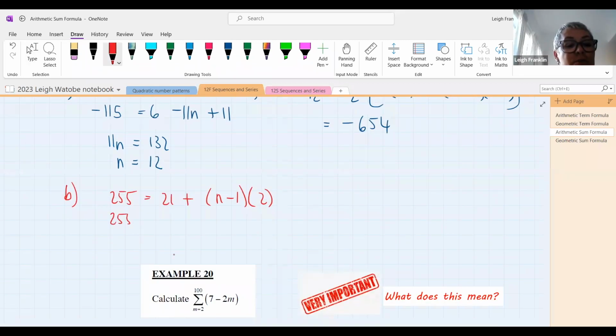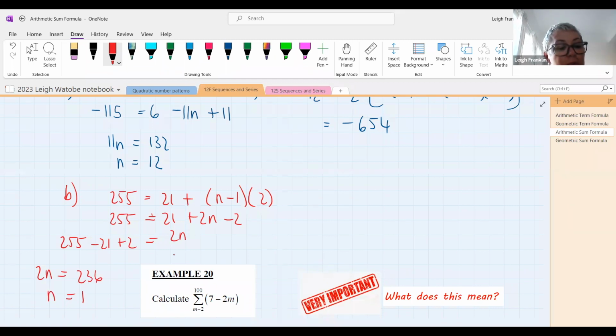So 255 is equal to 21 plus 2n minus 2. That means 2n is equal to 255 minus 21 plus 2, so 2n is equal to 236, and that's why n is equal to 118.